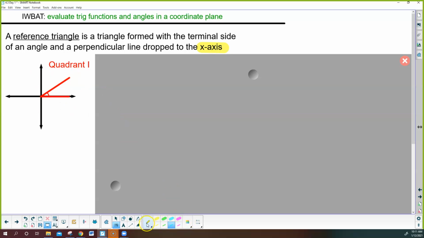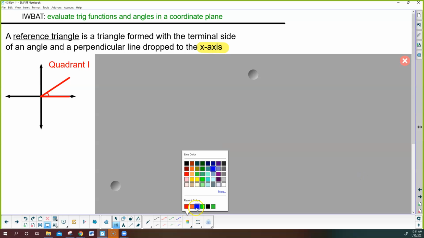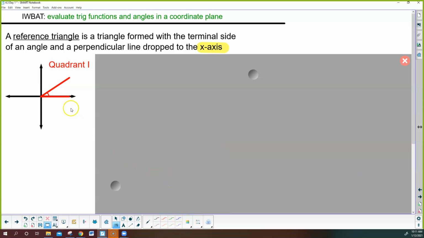you end up with theta right here. So as you're writing this, a reference triangle is an angle formed with the terminal side, that's where we end, of an angle, and the perpendicular line that drops down. So remember, we always have the initial side right here on the x-axis. That's when we're at a 0 degree.